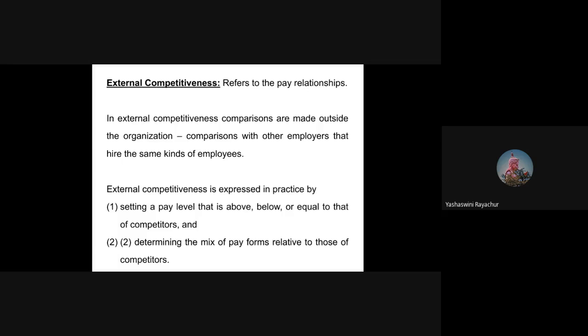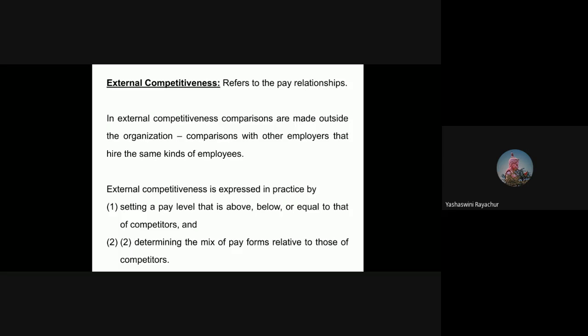But when it comes to external competitiveness, for example, company A has a job called head of research and development. The same company may have competitors in the market offering the same type of products and services, with the same type of operations.